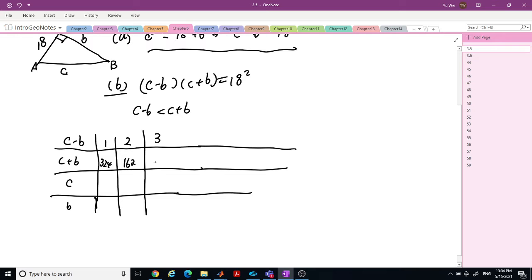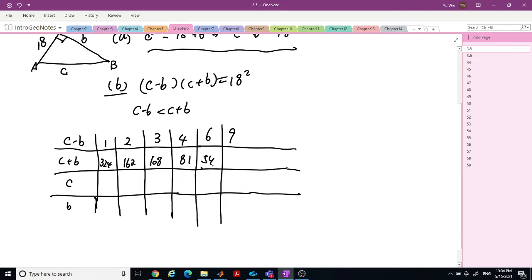Then we have 3, 8, we have 4 is 81, we have 6, 5 doesn't work, right? 54, 7, 8, no, 9, yes, 9 is 36, 11, 12. Then we have 18 is 18, right? So it doesn't work. So 18 cannot work.